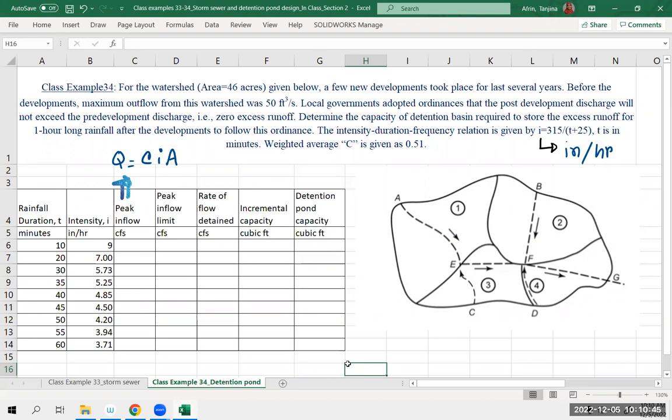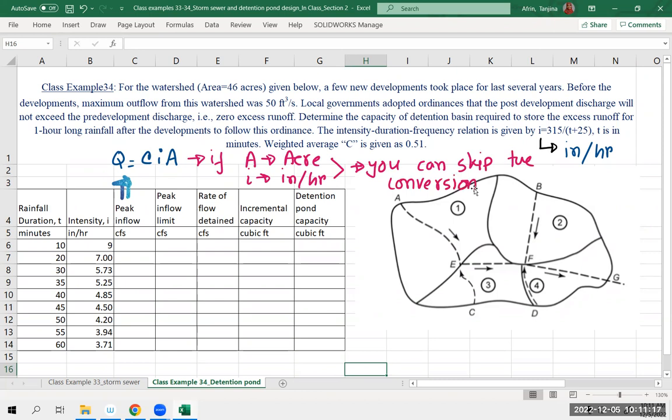Now there is one interesting fact. We will do the conversion. We will see the conversion factor. At the same time, if A is in acre and I is in inch per hour, you can skip the conversion because automatically the Q value should be in CFS.